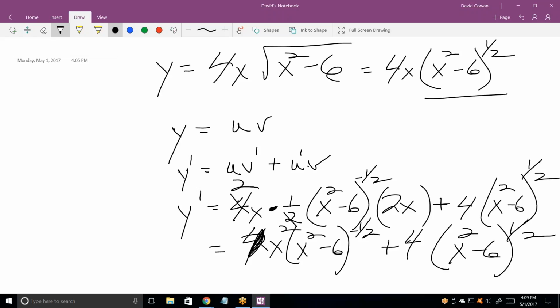Awesome. And that's a reasonable answer. I don't see any need to simplify that. No need to factor the 4 out. Can't do anything with it.